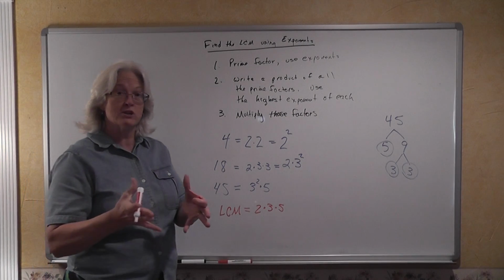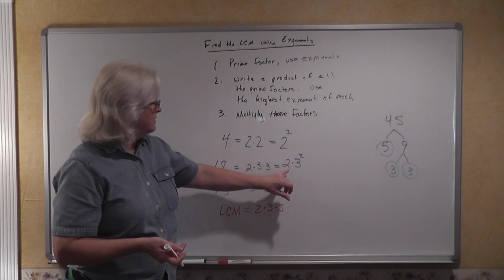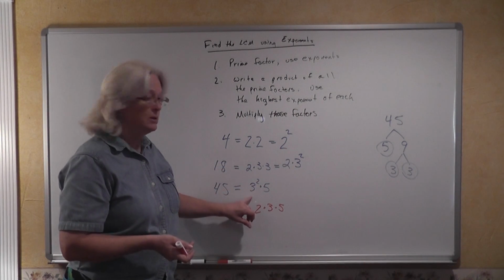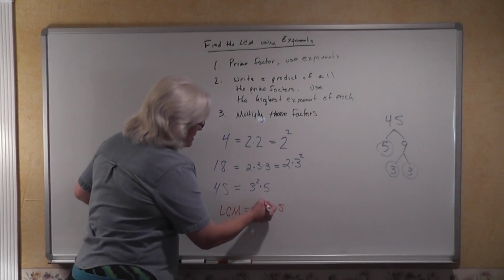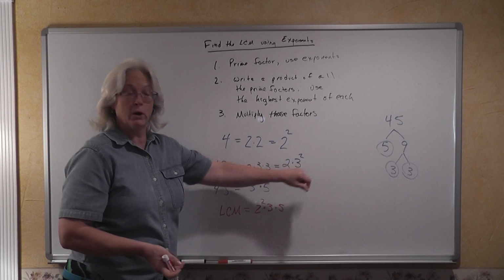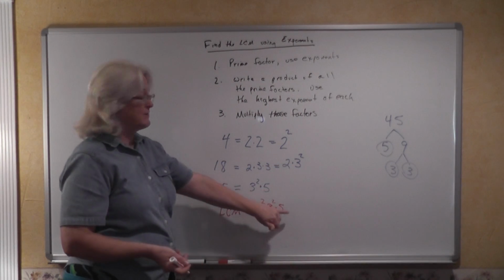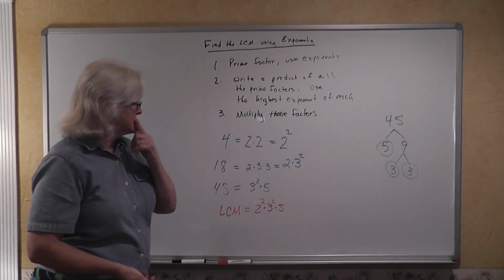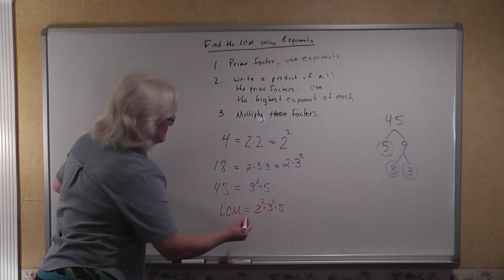What is the largest exponent for each one of these factors? 2 squared, 2 to the first, 2 squared is the highest exponent for the 2. 3 squared, and we have 5 to the first. So our least common multiple is 4 times 9 times 5.